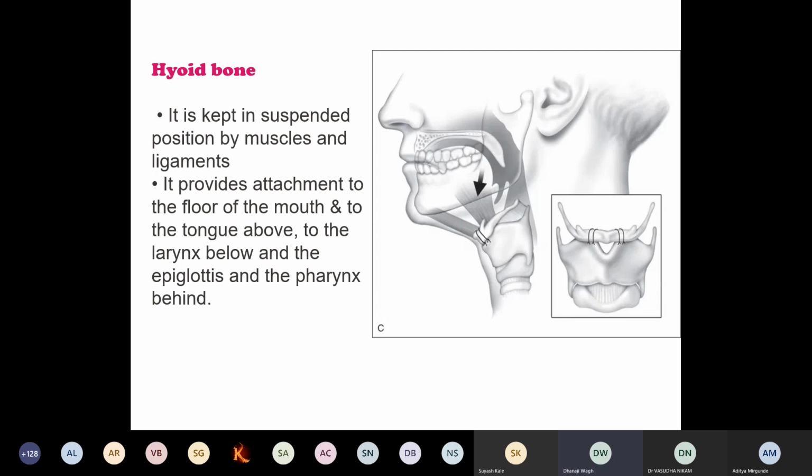So this hyoid bone is suspended by the muscles and the ligaments, with attachment to the floor of the mouth and to the tongue above, and the larynx, the epiglottis and the pharynx below.